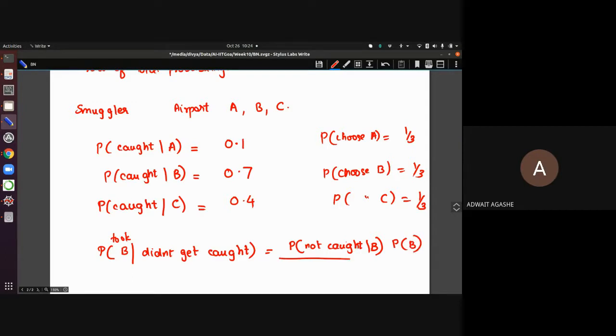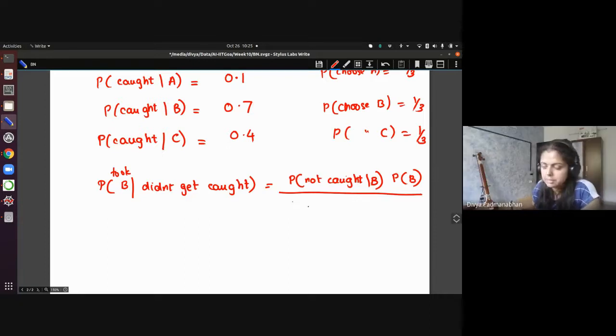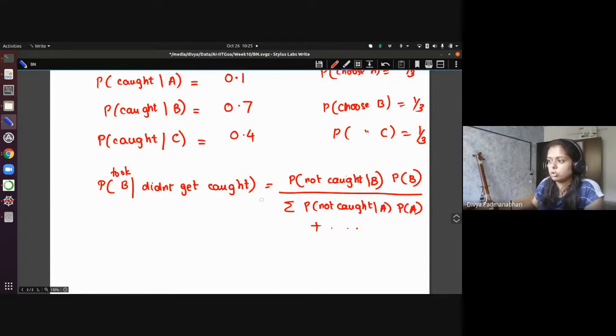And in the denominator, we take a sum of all these types of terms for A, B, and C. So probability of not caught given A times P of A, plus the same for B and C. So that's what you mean. So what did you apply when you wrote this formula?